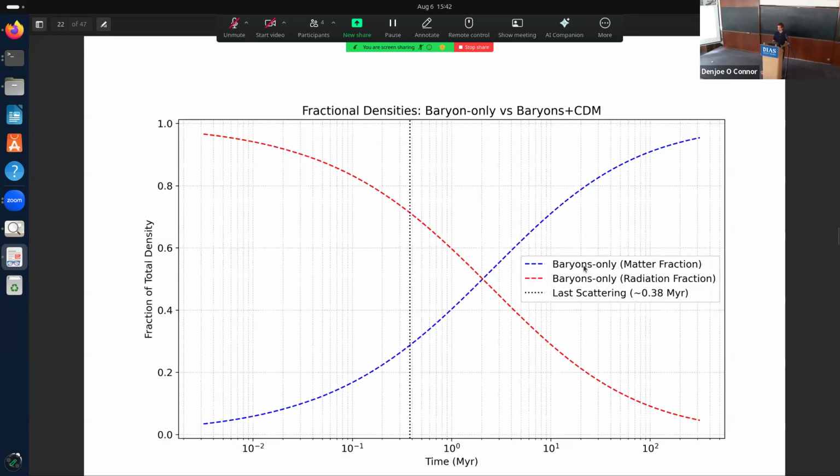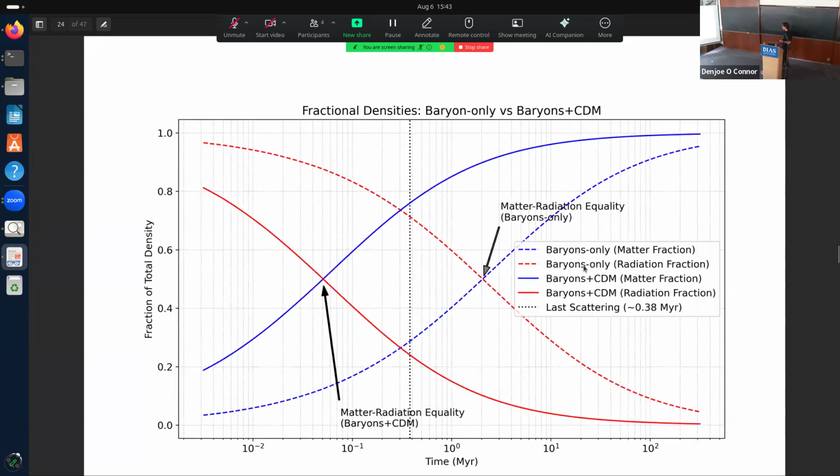So what can we do? Here the matter radiation equality happened after the time of last scattering. Let's try to make it happen before. In order to do that, we're going to introduce more matter to the equation. So here it is. We introduced more matter, in this case called CDM, which stands for cold dark matter.